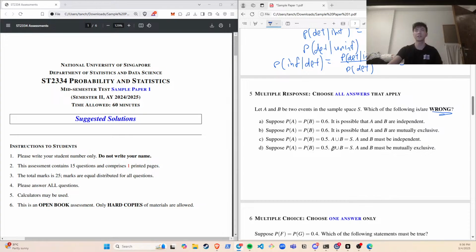Okay, so which of the following is wrong?